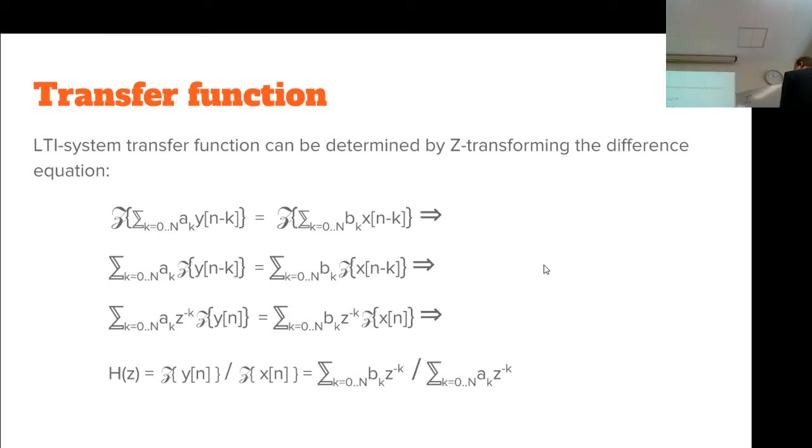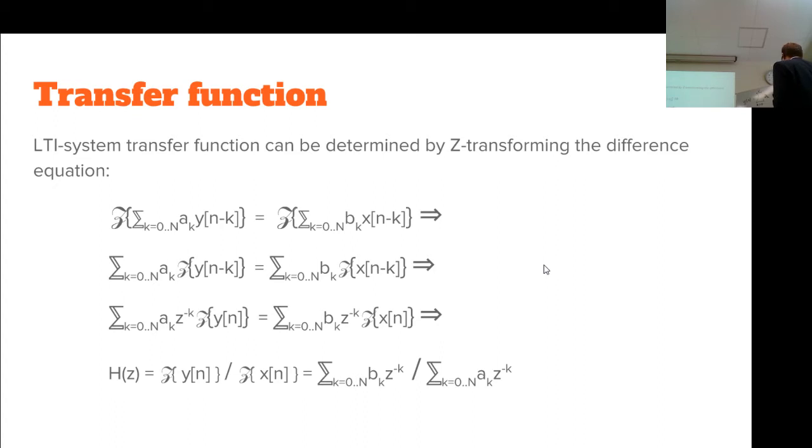But anyways, the transfer function is normally written like this. Usually, for some reason, the most common way of showing a transfer function is that you describe what the system looks like with respect to the current output value. You have the weighted sum of b_k times x[n minus k], and remember the sign convention.